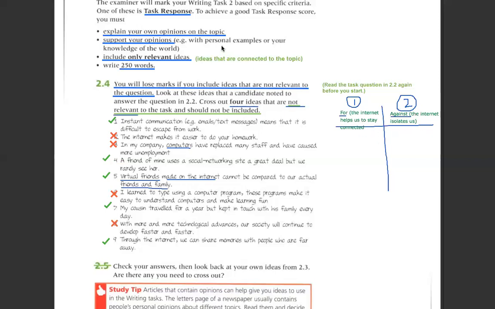Okay, so I want you to have a look at them and decide which ones would we add to the for. Which ones are for? So please type the number in the chat box. 1, 4, 5, 7, and 9. Which ones are for? Meaning that they support the idea that the internet helps us stay connected.